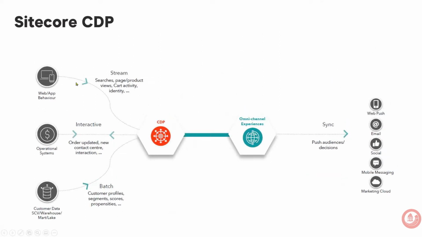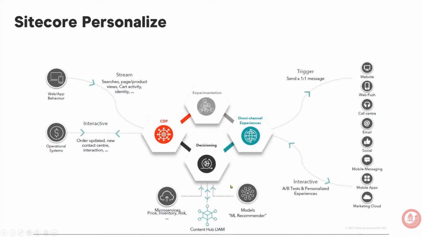And if we break it down, as I mentioned, the Sitecore CDP does mainly focus on the data ingestion. And then Sitecore Personalize is mainly about doing the personalized experience. You might see that there is also some streaming and interactive done through CDP, but that is not a very stable or full integration.